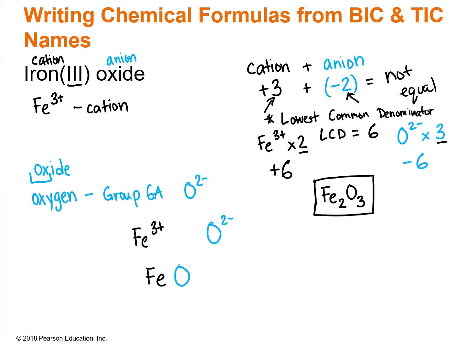instead of going through all the math like I did, there's a faster way to do it. You take the number for the charge for the anion, and that becomes your subscript for your cation. Then you take the number in the charge of your cation.